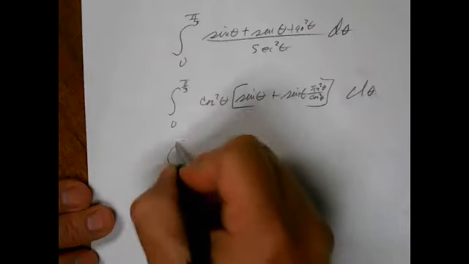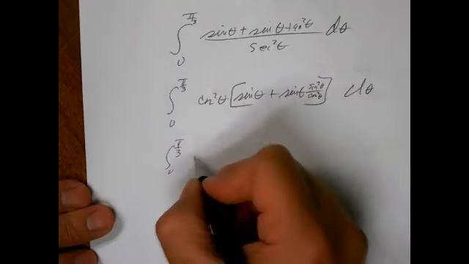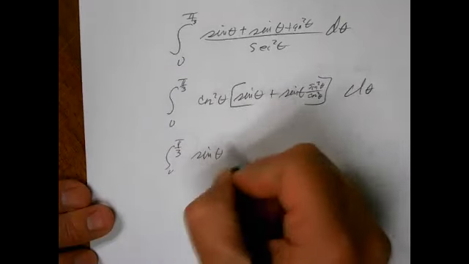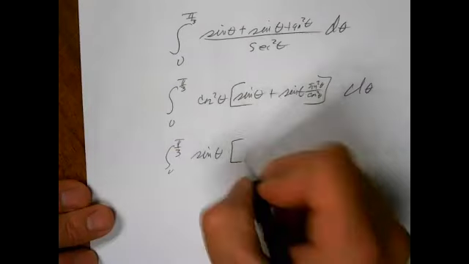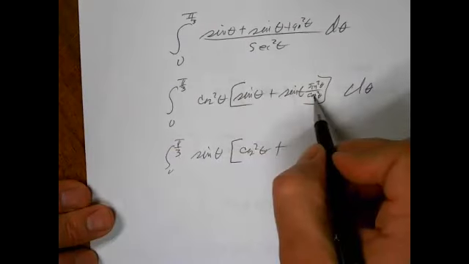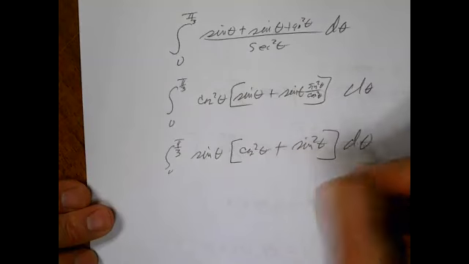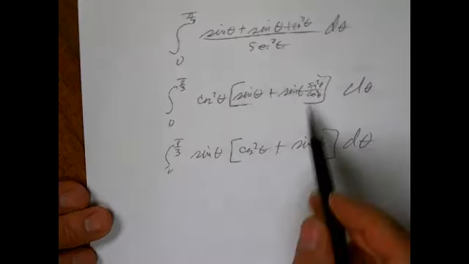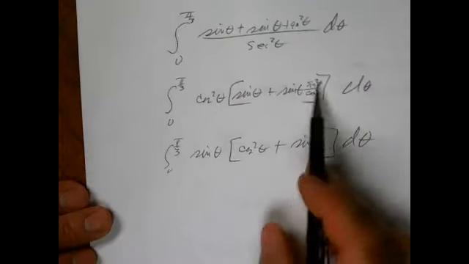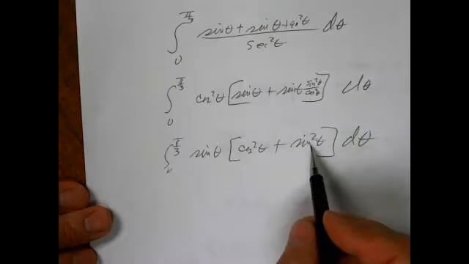Then we'll simultaneously factor out a sine theta and multiply in the cosine squared. When I multiply it in over here, it cancels this one. So there's a little bit of trig you needed to remember. You need to remember your quotient identities, and here, you have to remember that sine squared plus cosine squared equals 1.